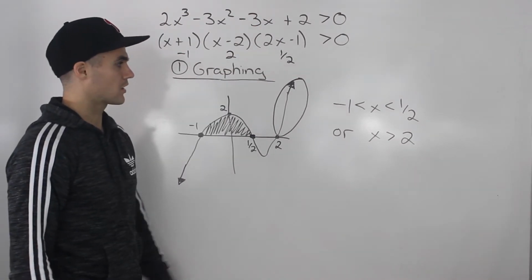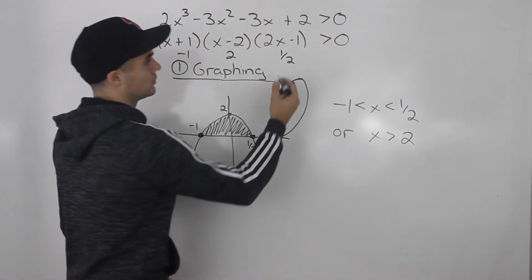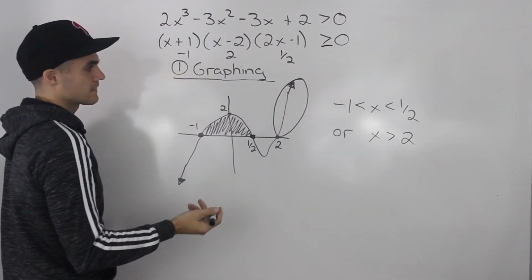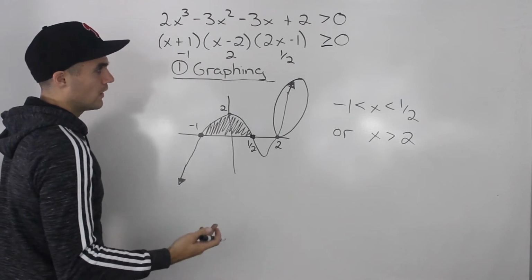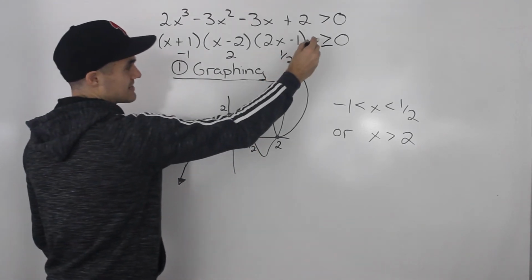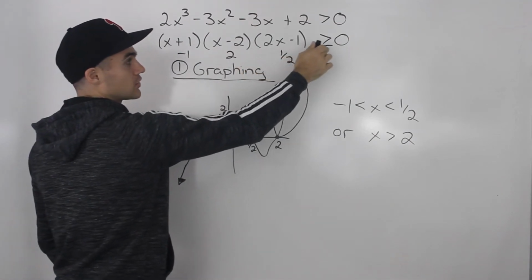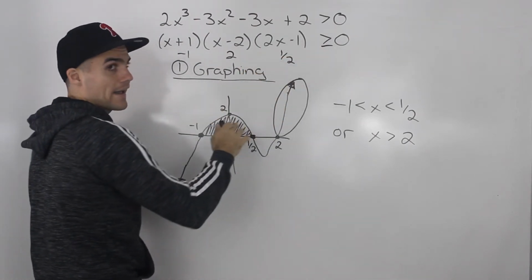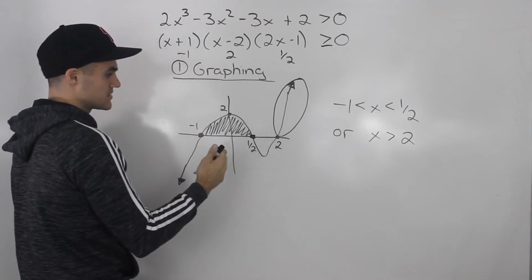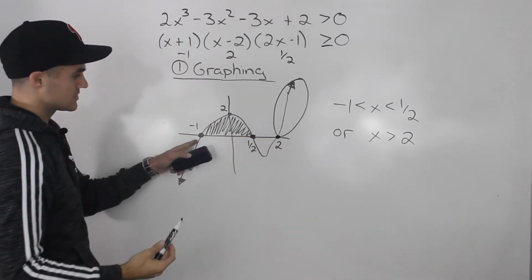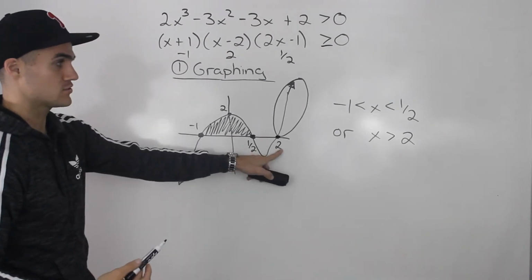Now, an additional remark I want to make about this answer: what if this polynomial inequality was greater than or equal to 0? How would that change our answer? Well, then what this is asking us is, when is this polynomial function going to be greater than 0, above the x-axis, and equal to 0? So at these points here. Well, it's equal to 0 at -1, 1/2, and 2.